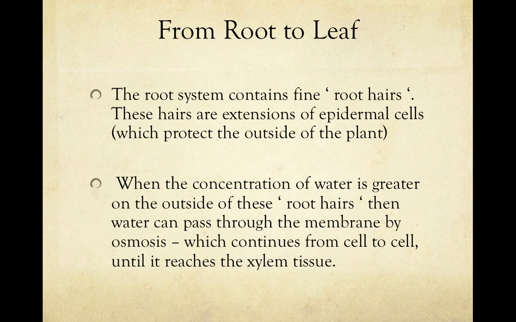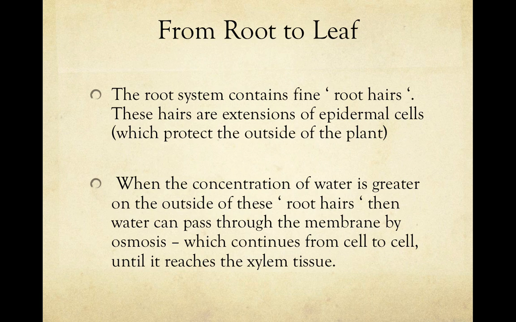Now remember, we talked in the last screencast about osmosis and how water can move back and forth, and when it moves inwards from the outside, it's going to dilute the concentrated particles on the inside.